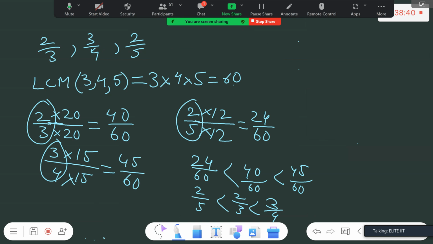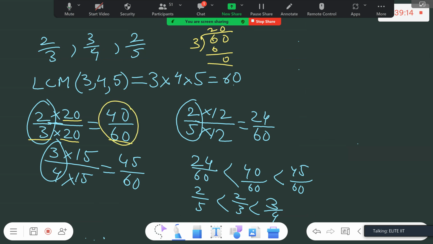So here, to make this denominator 60, what do we have to multiply with 3? 60 divided by 3 is 20. 3 twos are 6, 0. So we multiply 3 with 20. We also multiply the numerator with 20. This is how we make like fractions, isn't it?